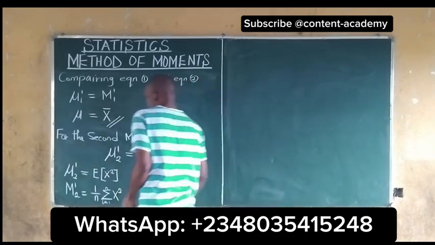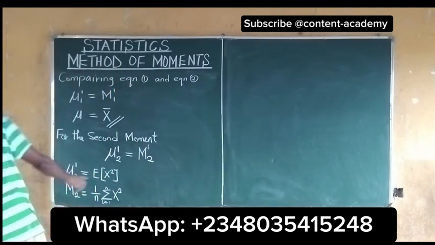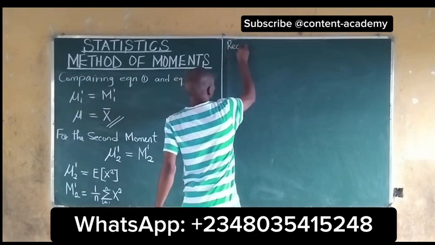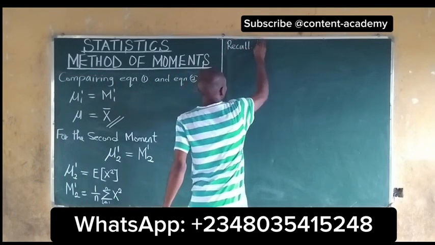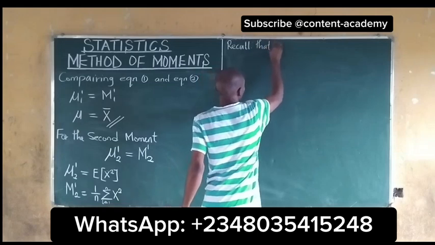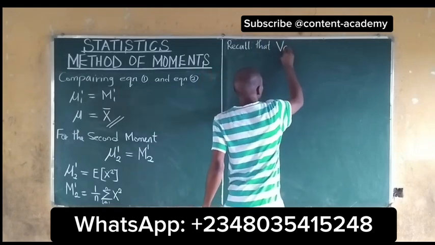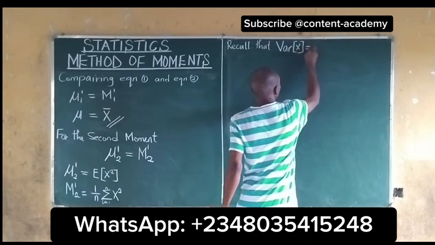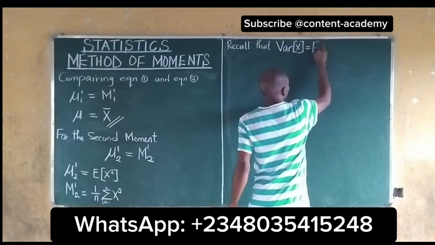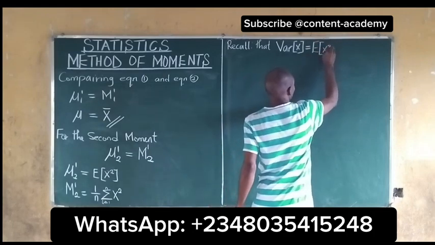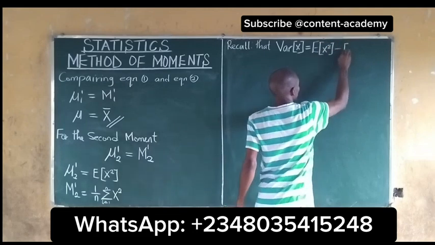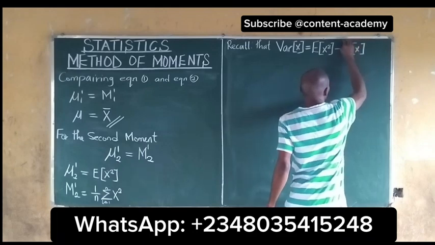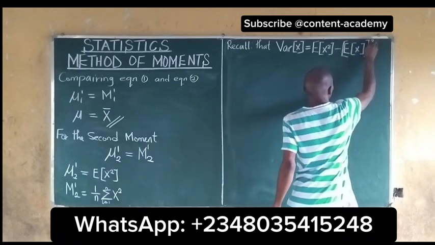So how do we obtain our expected value of x squared? We should recall that the variance of x is equal to the expected value of x squared minus the expected value of x all squared.